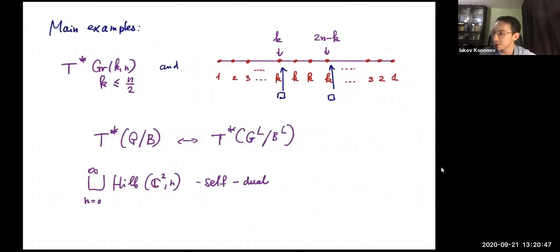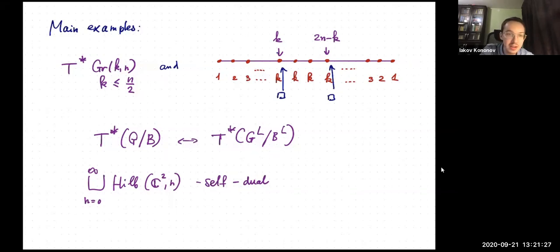There are lots of examples of it. For example, T star of Grassmannian if K is less or equal than N over 2. And the dual variety is also a quiver variety shown on the picture. So it's a linear quiver with two framing spaces located at points K and 2n minus K. And the dimension vector is 1, 2, 3, and so on up to K, then K, K, K, K, and then it's decreasing from K to 1.